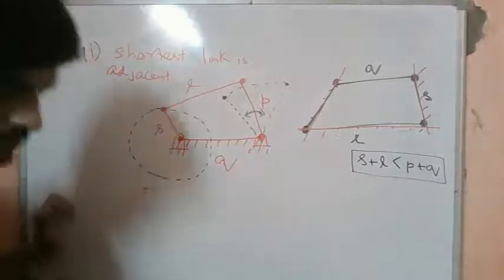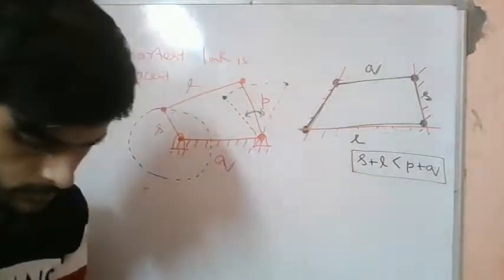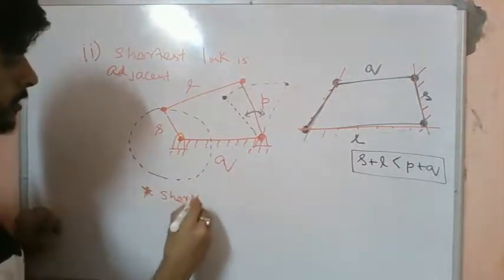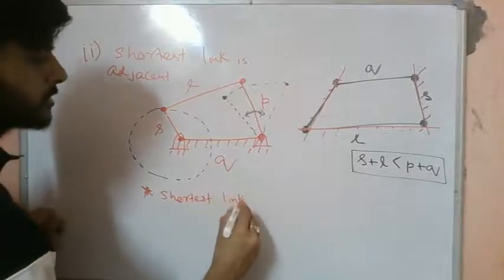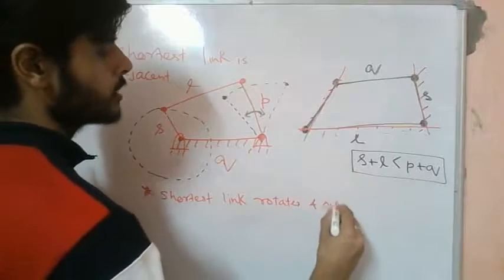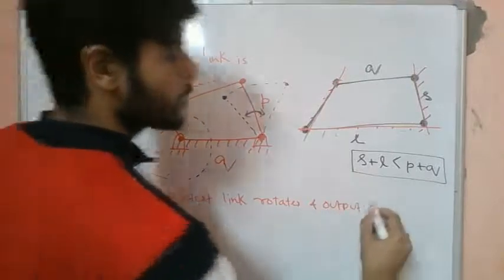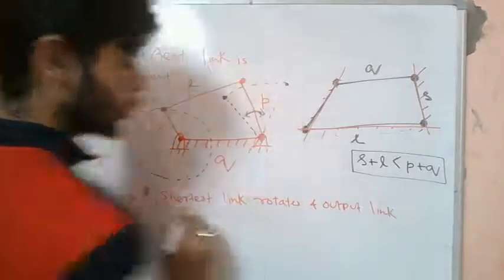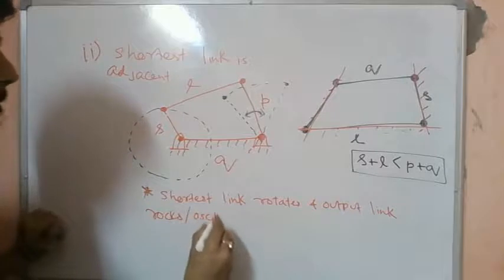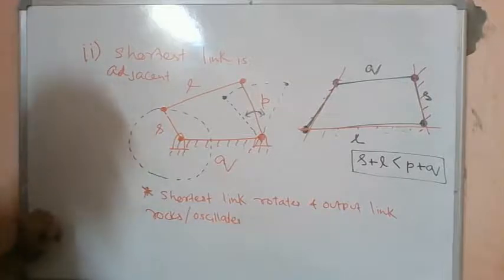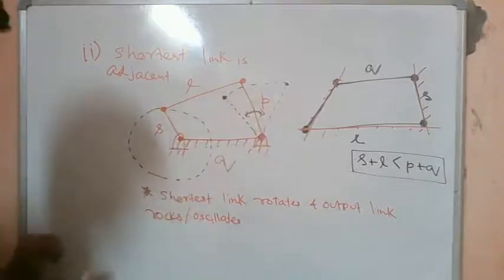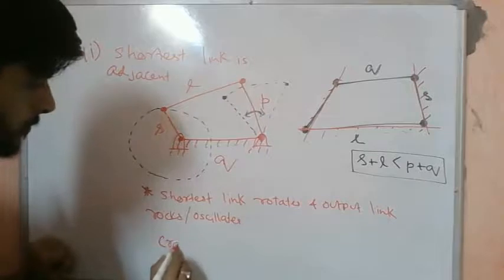So we have the shortest link rotating, and the output link rocks or oscillates. This shortest link will perform a complete rotation, and this one can oscillate. So that's why this is called a crank rocker mechanism.